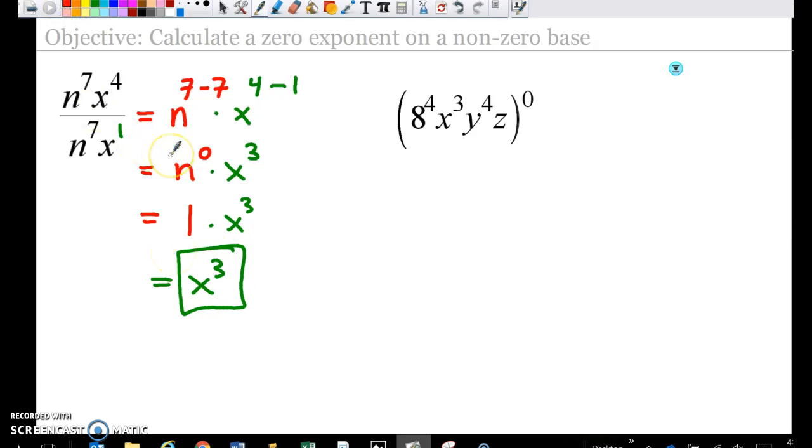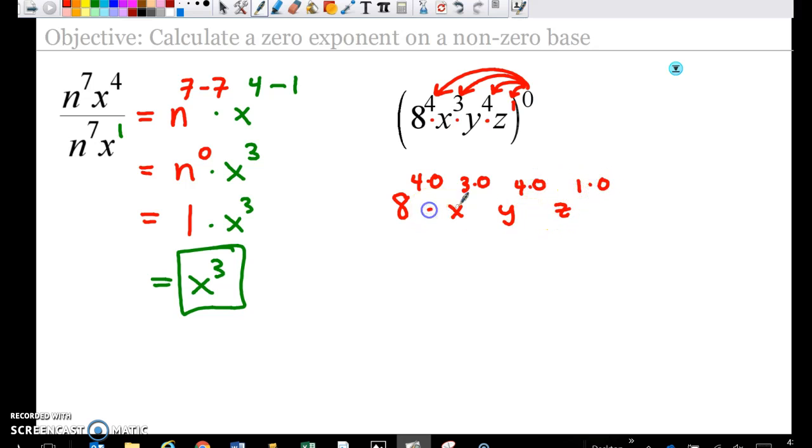Over here, we discussed this in class. If I have a product raised to an exponent, it's like multiplying this exponent times everything inside. So I'll actually distribute this 0 to all of those. Power to power, I multiply the exponents. 8 to the 4 times 0, x to the 3 times 0, y to the 4 times 0, and z to the 1 times 0.